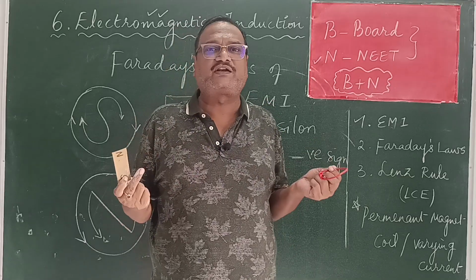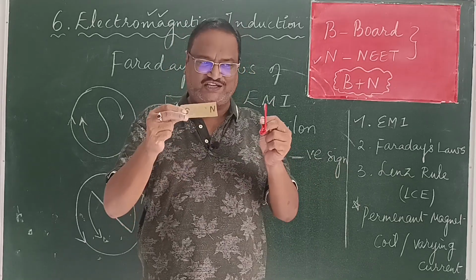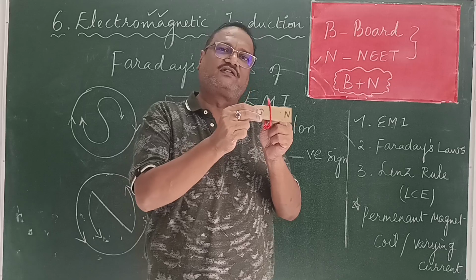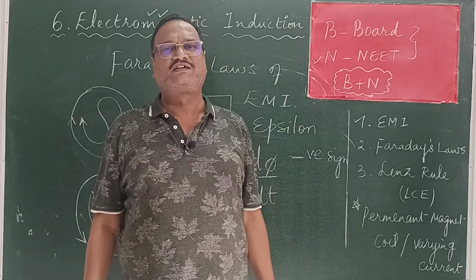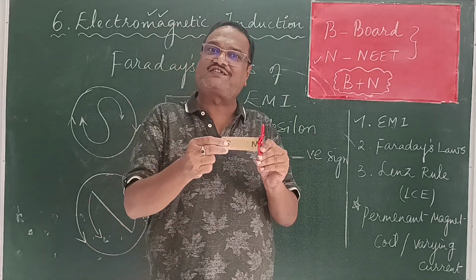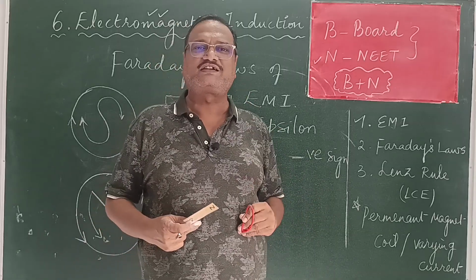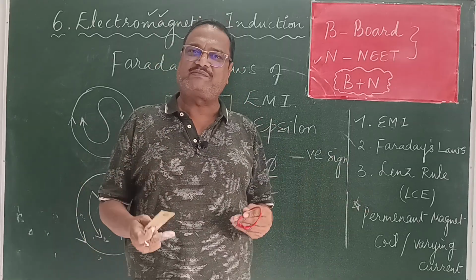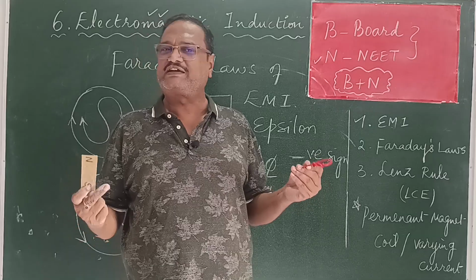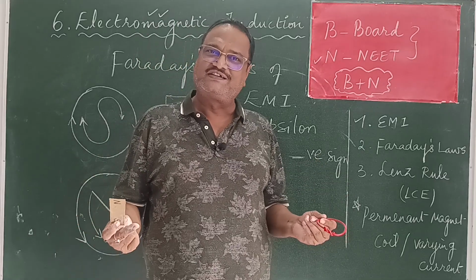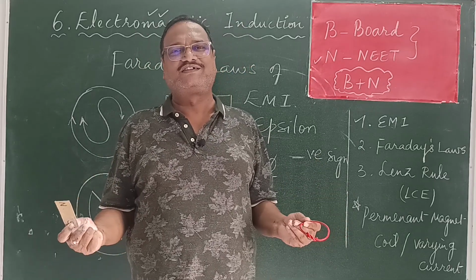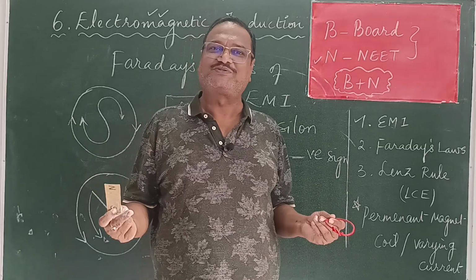I need not do any work. Without me doing any work, by itself it will create electricity. Without me doing work, electricity is created. Without me studying for the examination, I get in physics 70 out of 70. Is it possible? No, it is not possible.